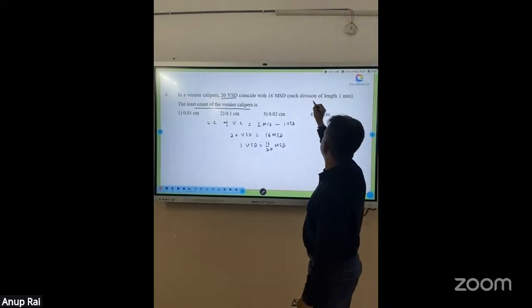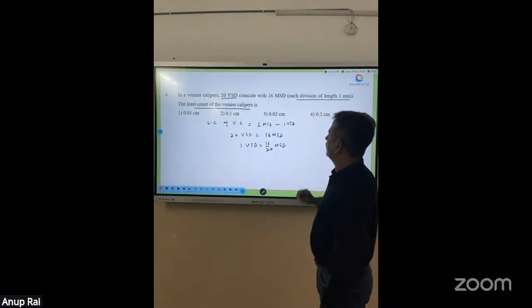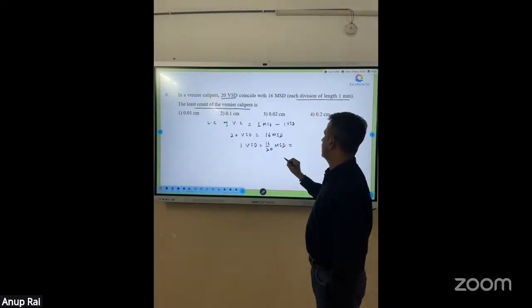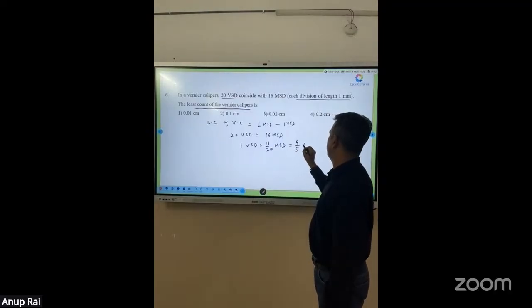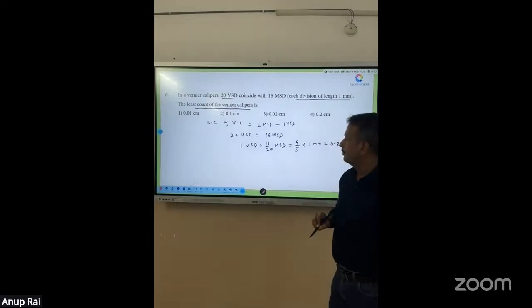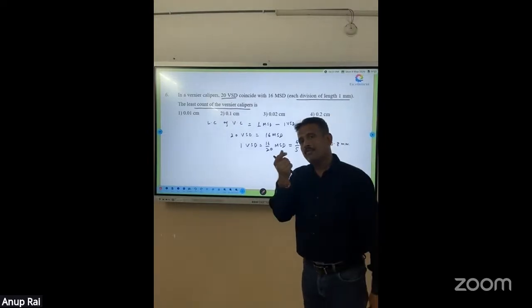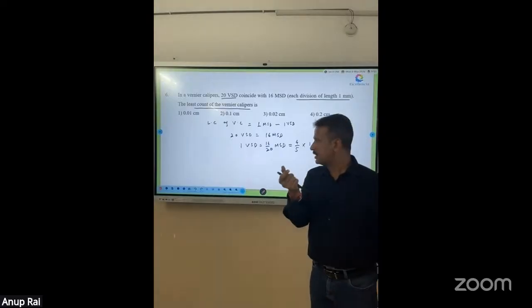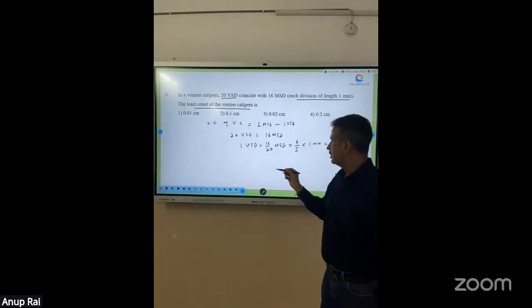But 1 MST is given, each division of length how much? 1 millimeter. So this can also be written as 4 by 5, and 1 MST is equal to 1 millimeter, so that is equal to 0.8 millimeter. So the value of 1 division on the vernier scale is 0.8 millimeter.